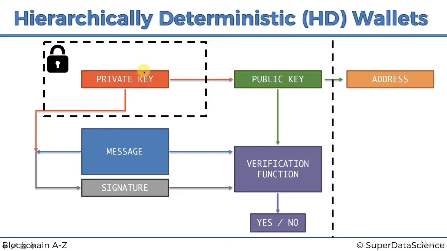So your private key acts as like an avatar or pseudonym for you. And that's how they're meant to be: people are not supposed to find out who you are based on your transactions. They're not supposed to be able to just monitor what you're doing and things like that.